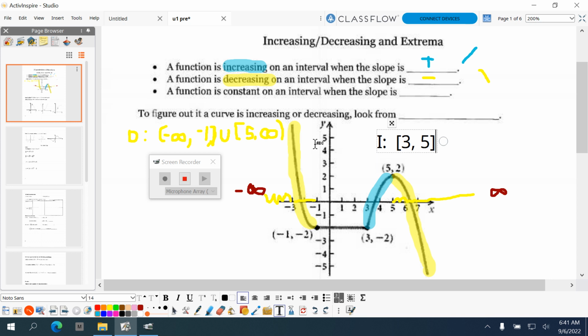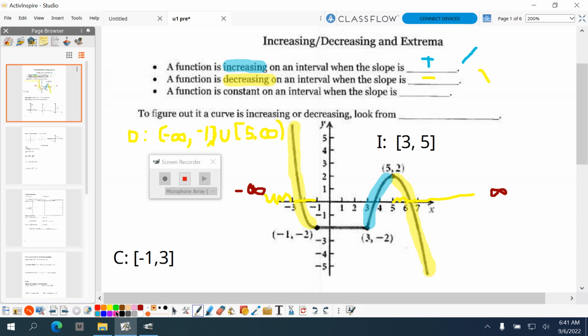Now, lastly, we have the constant interval. So obviously, it's just a horizontal line. So that's between -1, I'm going to use hard brackets there, -1, comma 3. And that's it. So things we want to be mindful of with this constant interval, the slope is 0 because it's just a horizontal line.